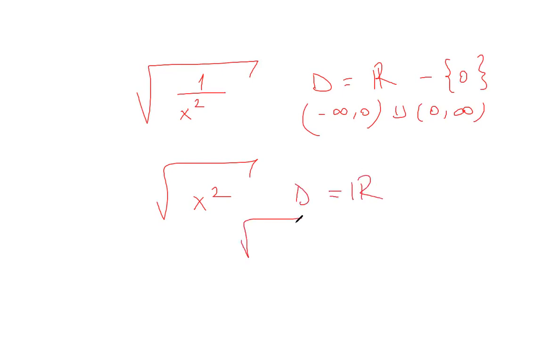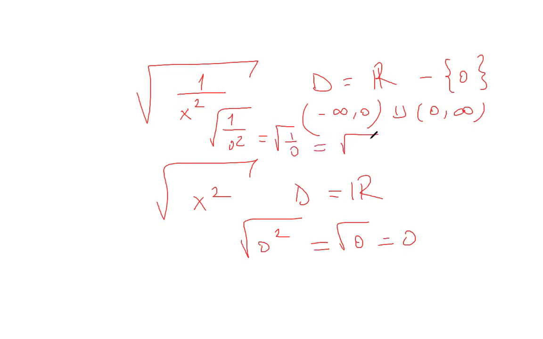Why? 0, it's not a problem. 0 squared is 0. But here, 1 over 0 squared means 1 over 0, which means undefined. Why? 1 over 0 is undefined. So I cannot take 0. But here, radical 0 is defined. Is it okay? Yeah. It should be, I think. Okay, good.